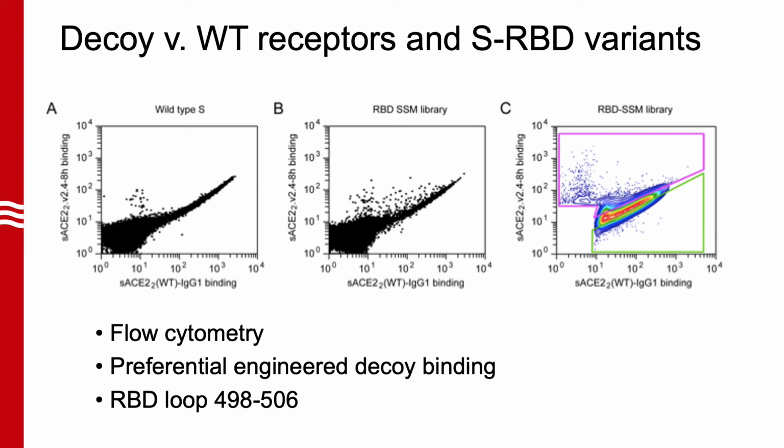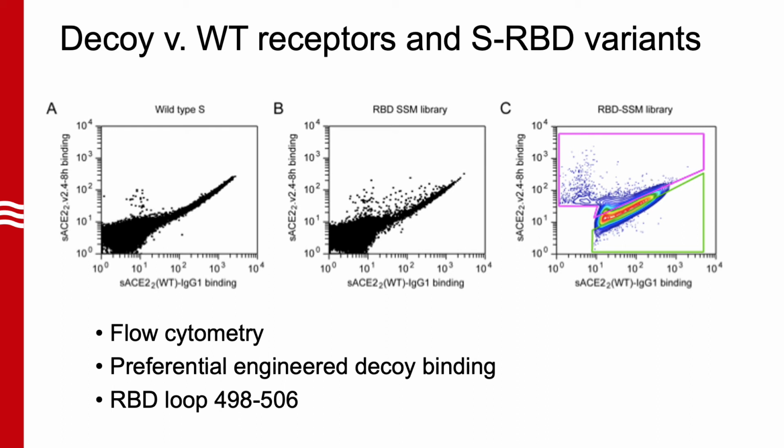So the researchers pitted the decoy against the wild type receptor again. This time they incubated the wild type spike protein with competing populations of both the soluble wild type and the soluble decoy receptor. This is shown in figure A. In figure B, cells expressing the deep mutagenesis scan of RBD variants were incubated with the same mixture of competing decoy and wild type receptors.